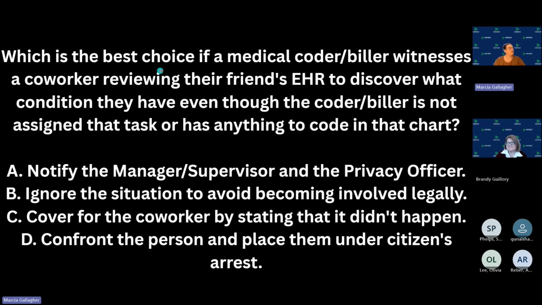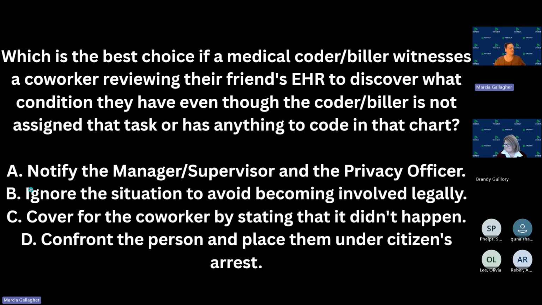Okay, so which is the best choice if a medical coder and biller witnesses a coworker reviewing their friend's EHR to discover what condition they have, even though the coder biller is not assigned that task or has anything to code in that chart? What should we do if we see a coworker do that? A, notify the manager, supervisor, and the privacy officer.